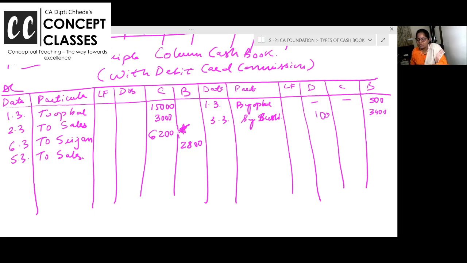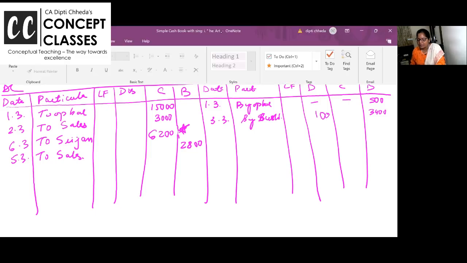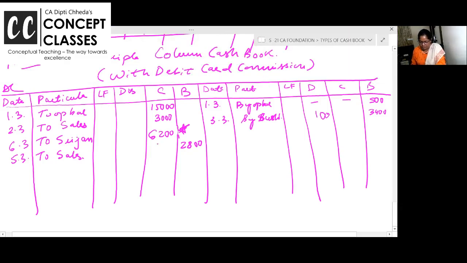So now what we should do, 6,200. The 6,200 check is received from Srijan, and this 6,200 check I am giving to Ajit, by Ajit. On which date? 7th of March.